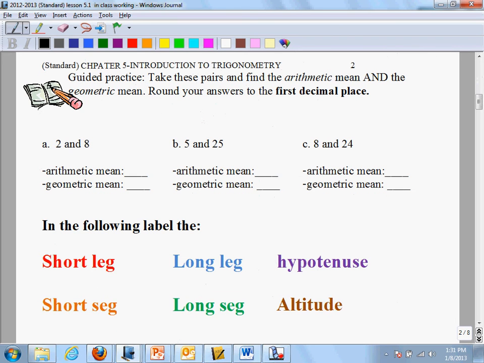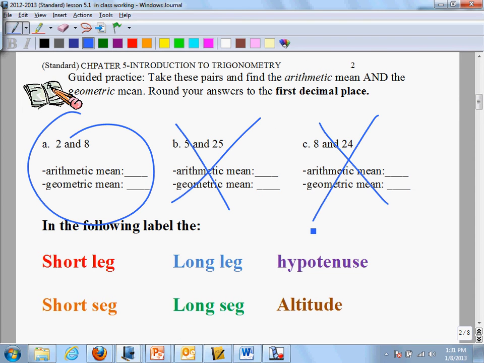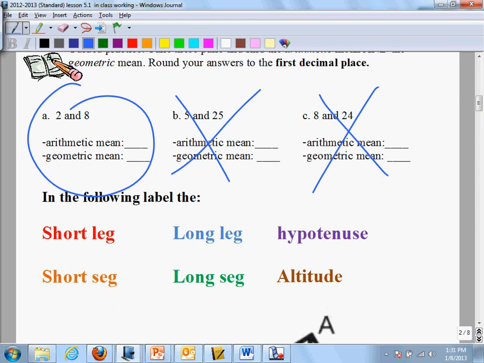Ready? Now you may get out calculators. Now, for A, ready? Cross these two out. I want you to do A only. In your teams, I want you to first find the arithmetic mean, then find the geometric mean. Go.